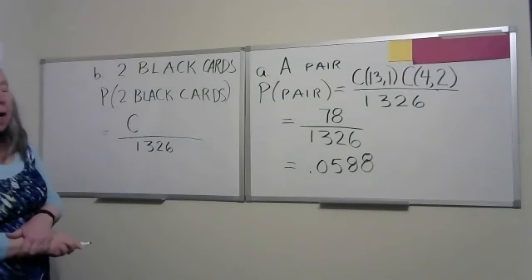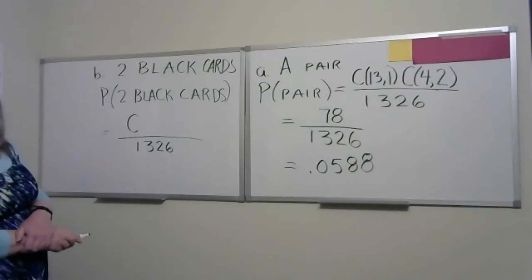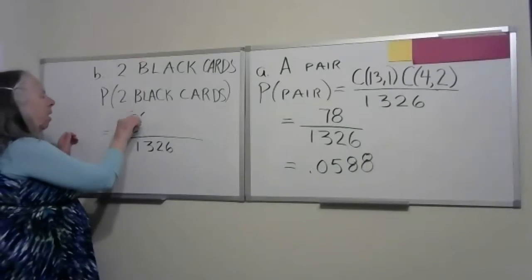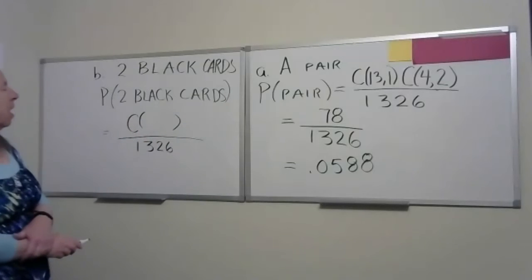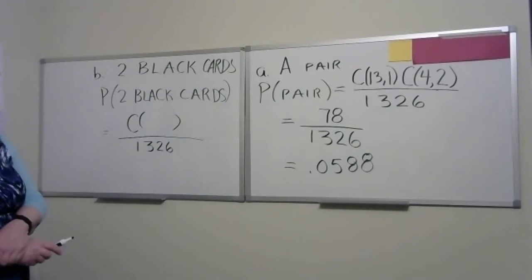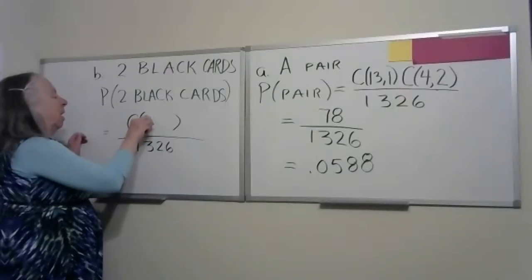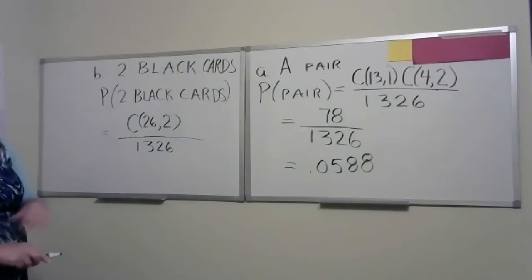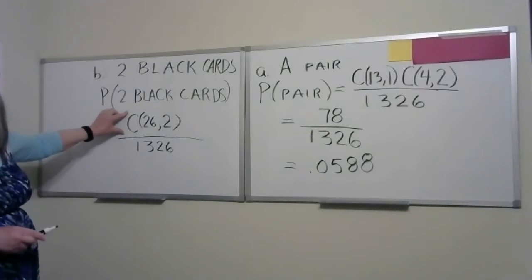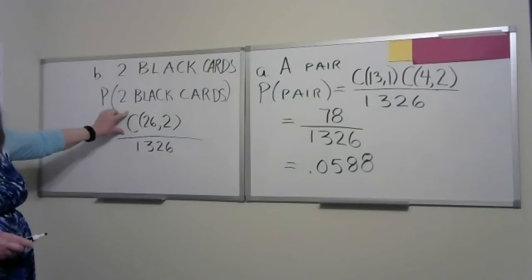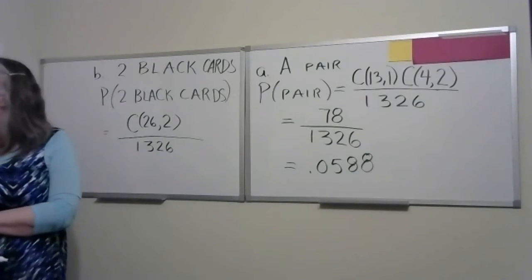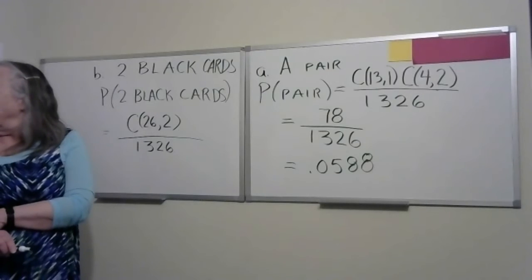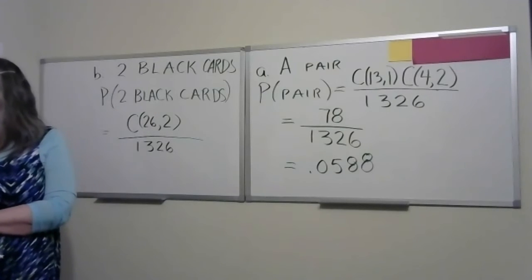We're looking for the numerator. How many cards can we draw from that are black in our deck? It's 26. And we're going to draw 2. Does that make sense to everybody? Okay. All right, so let's see what happens there.